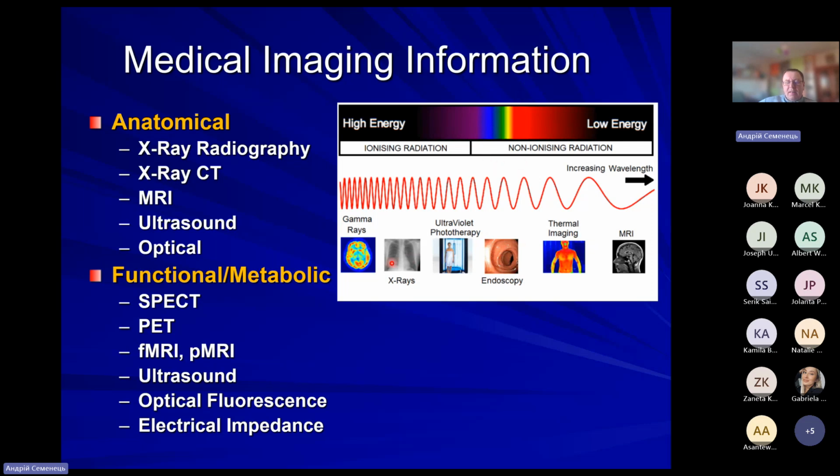So here again are different types of images we can retrieve this way, which could be used for visualizing mostly anatomical information, like X-ray, MRI, optical images, or to visualize functional metabolic structures and actually the performance of organs and body parts. So here we have positron emission tomography, functional MRI, ultrasound, fluorescence images, and so on.